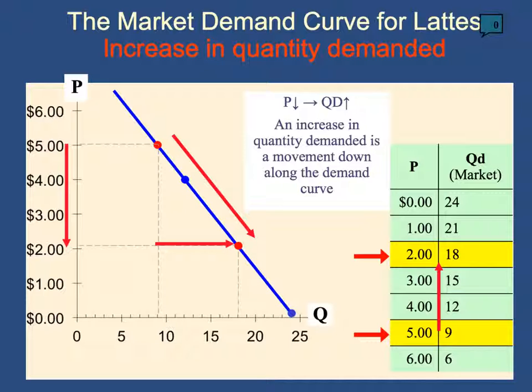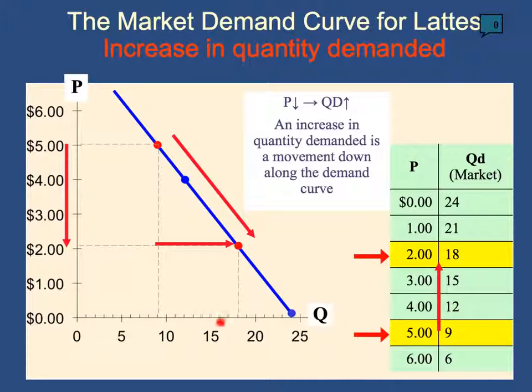The demand curve is always going to be downward sloping because it shows the law of demand, which states that as prices go up, quantity demanded goes down. So when prices go down, for example, in this case, from $5 to $2, the quantity demanded is going to increase.